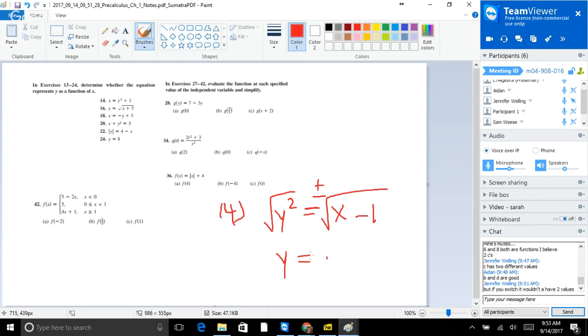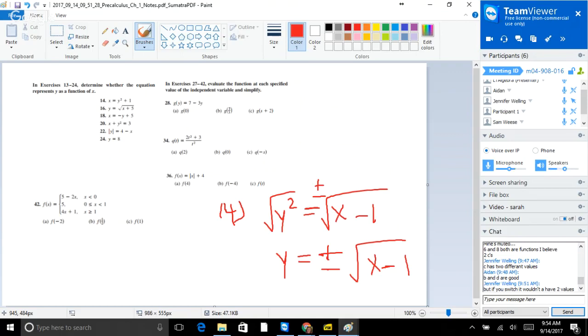So y equals plus or minus the square root of x minus 1. So all I've done in 14 so far is rewrite my equation: y equals plus or minus square root of x minus 1. You guys okay with that?